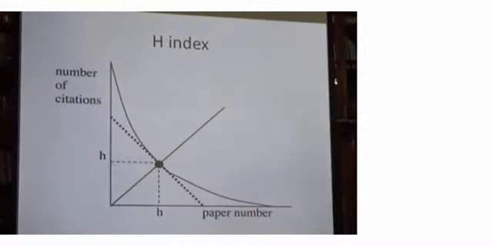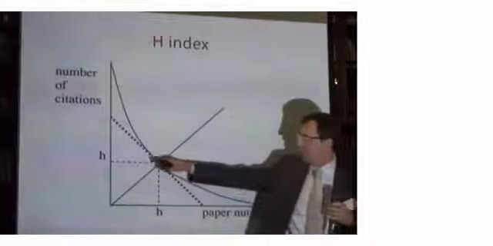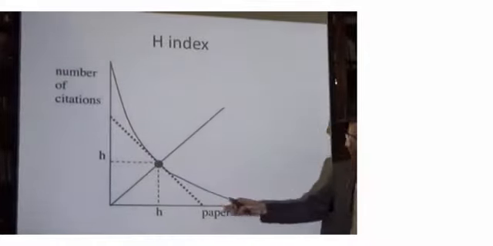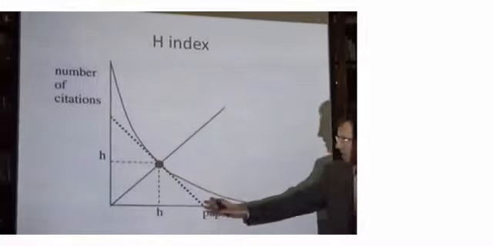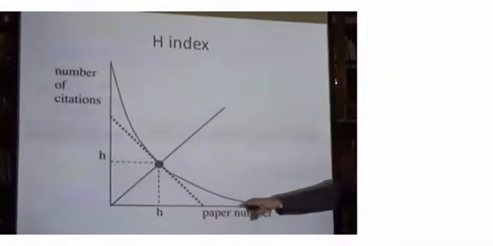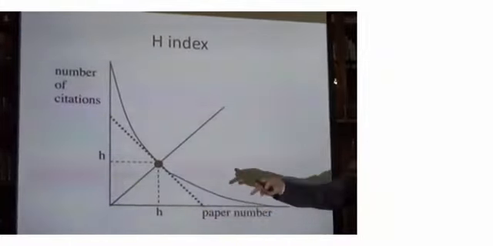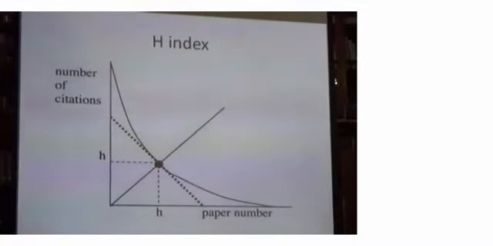So if you have a, let's say, H-index of 10, it means that you published 10 articles which have at least 10 citations to them. But this part and this part, these are the ones that got very high citations. These are the ones below the H-index with very few citations that don't count in terms of your work.